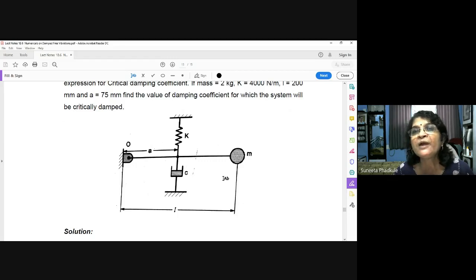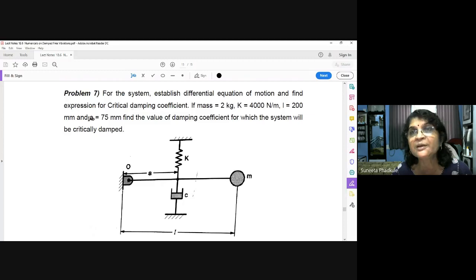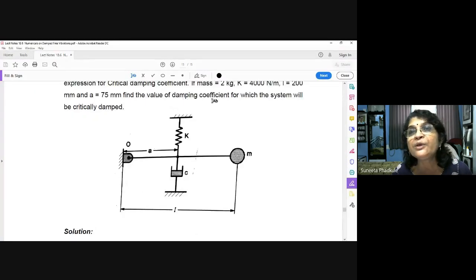I want to find out the equation of motion for this vibration, then the expression for critical damping coefficient, and also the value of damping coefficient for which the system will be critically damped.